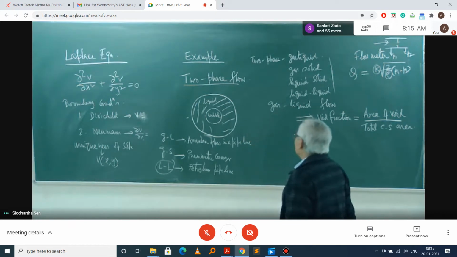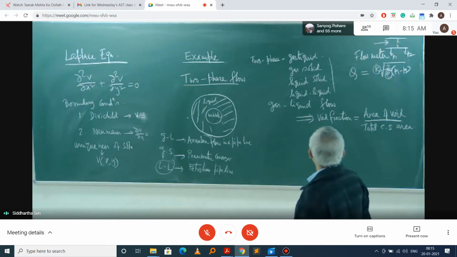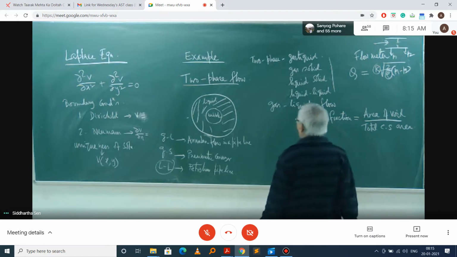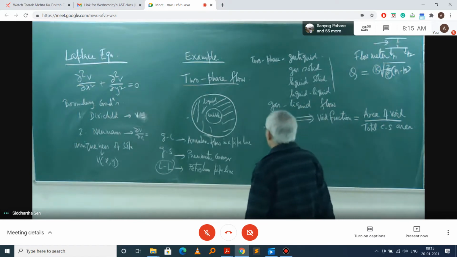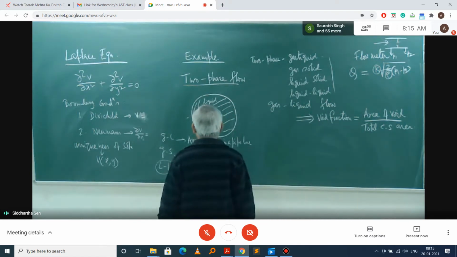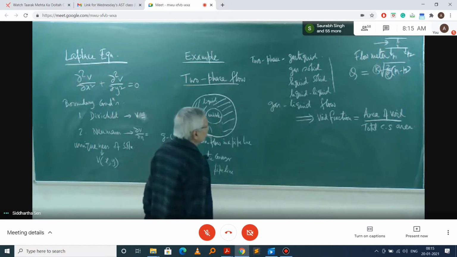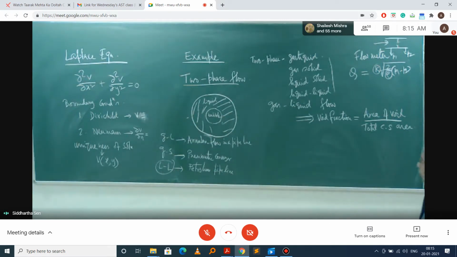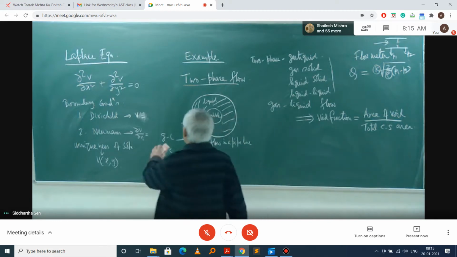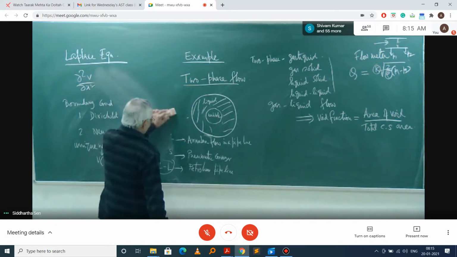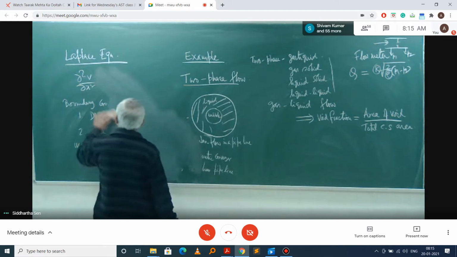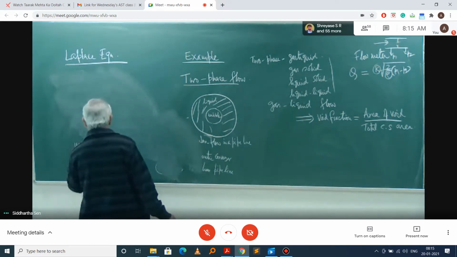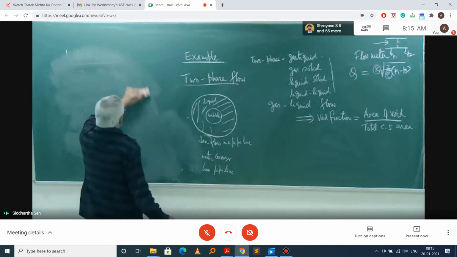So naturally, this is one case where we need to know the void fraction. So this flow is called an annular flow. Similarly, we may have another type of flow, that is stratified flow.